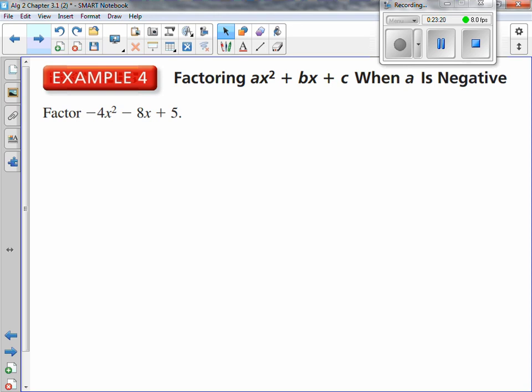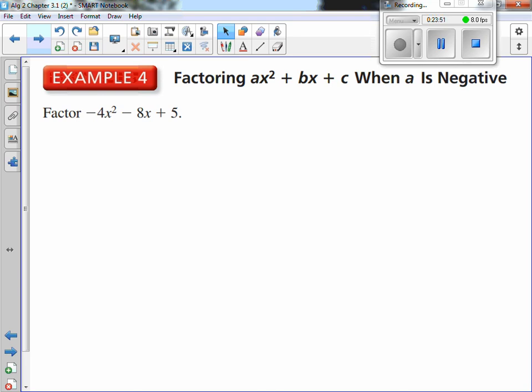Okay, let's look at this one here. Looking at this here, is there a greatest common factor? And I will tell you there is one. There's a specific one, but there is one. I'm kind of phrasing it that way specifically.